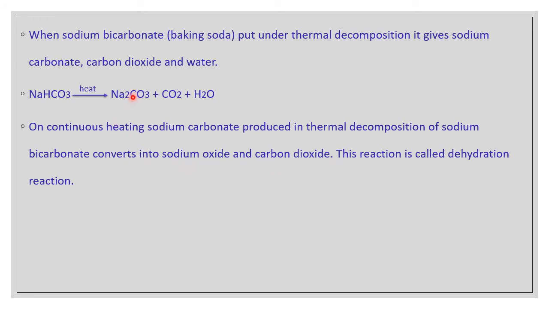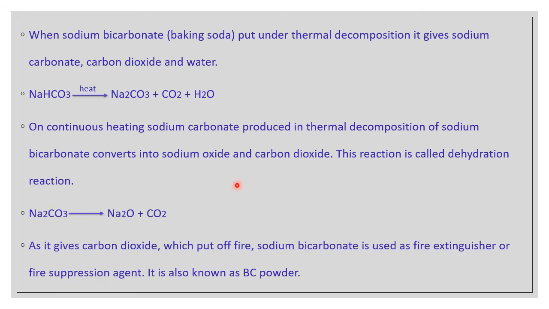If you continue heating, this again further decomposes into sodium oxide, and further CO2 also escapes from the reaction mixture. This is called dehydration. Why? CO2 escapes, water escapes, only Na2O, dry ash, is formed. So it is called loss of water, loss of gas, known as the dehydration reaction. This is the equation for the explanation.